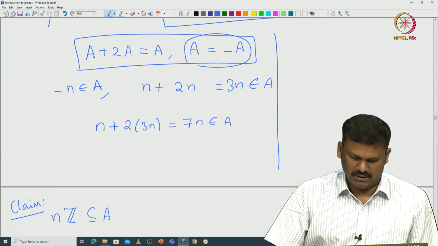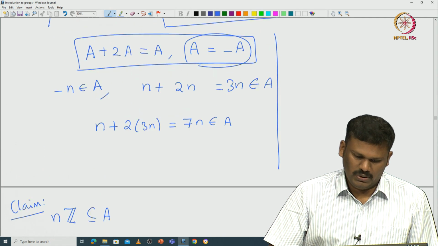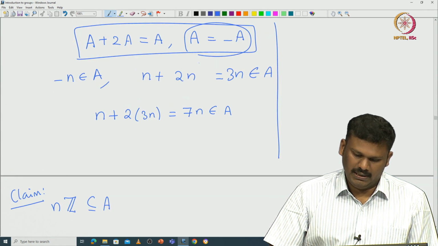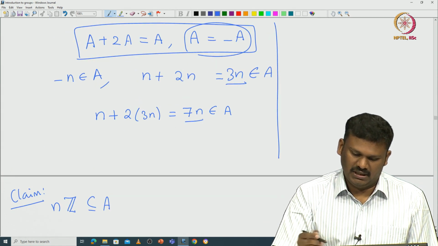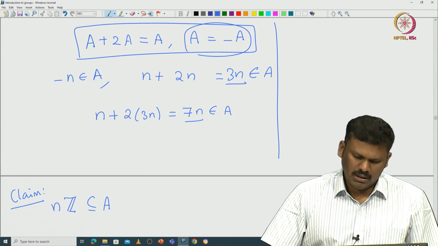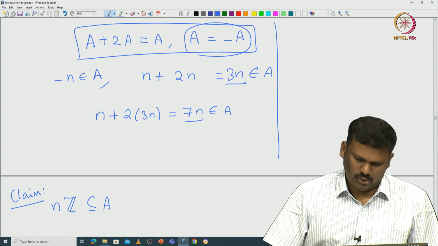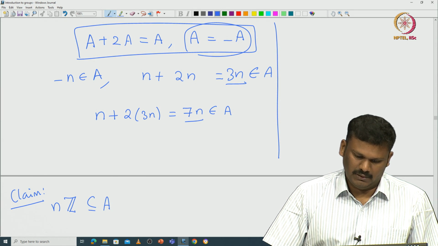So that is what we are trying to prove. But A plus 2A is equal to A already implies that 3n is there, 7n is there and so on. Okay. So we want to get twice n and so on, and then we see how it can be done.